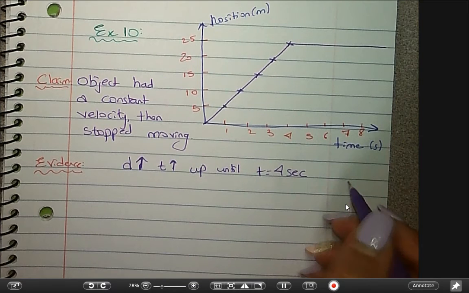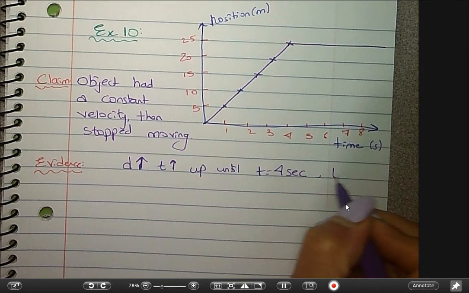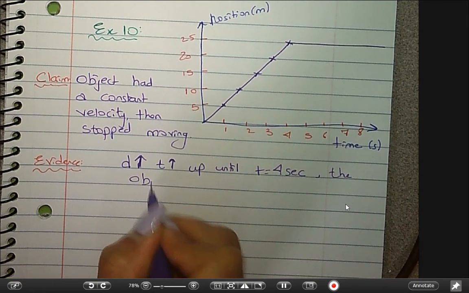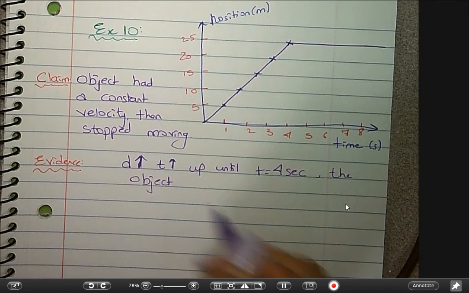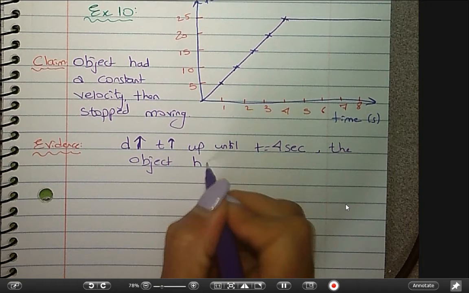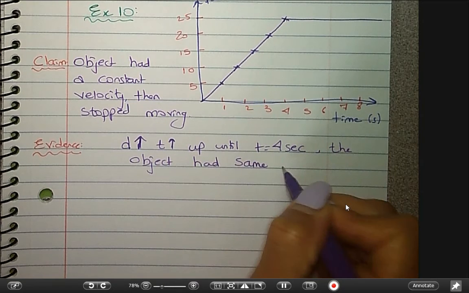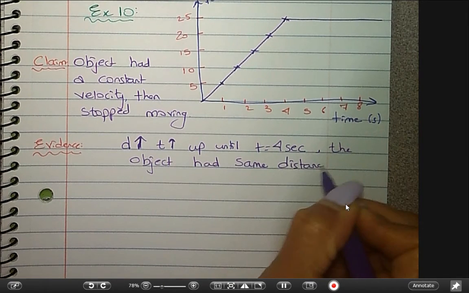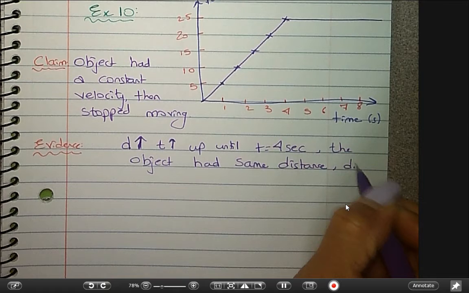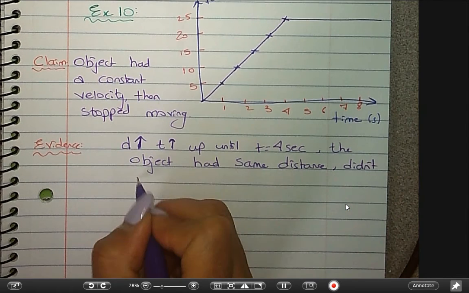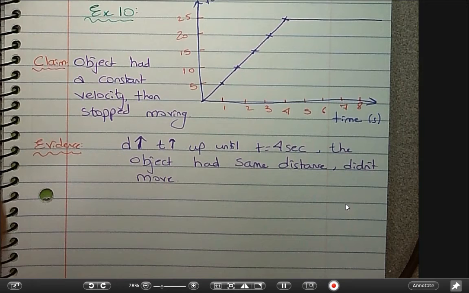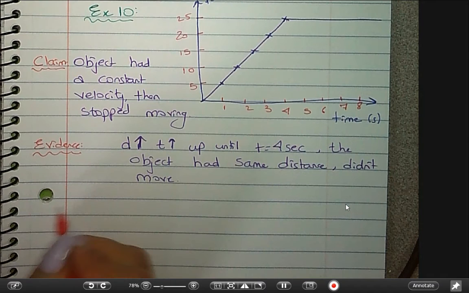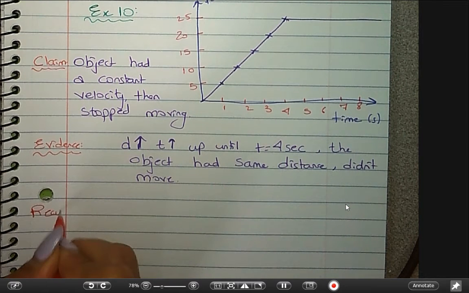When time was 4 seconds, the object had the same distance, which means it didn't move. How do I explain this? What is my reasoning?